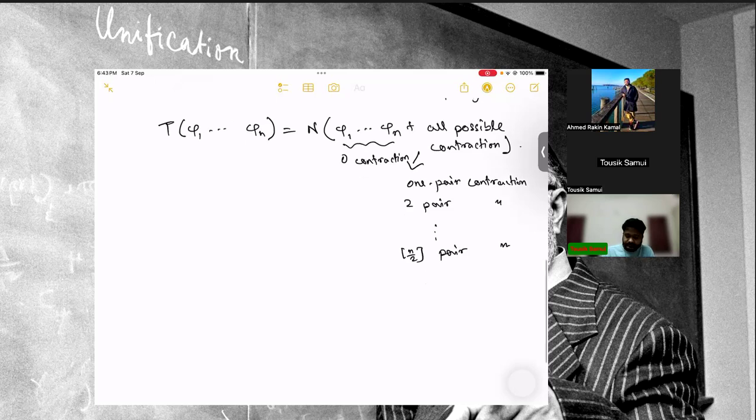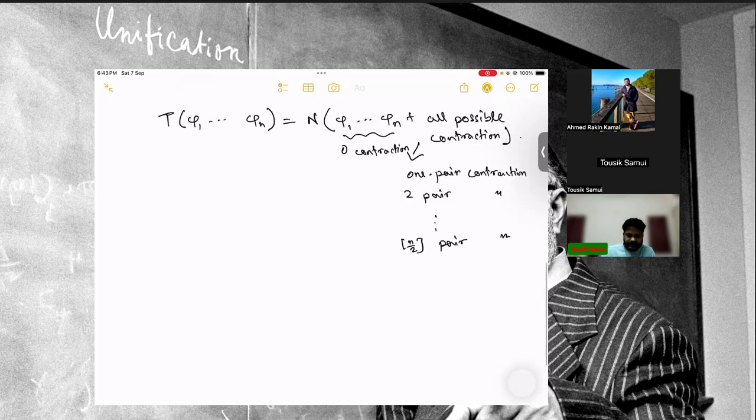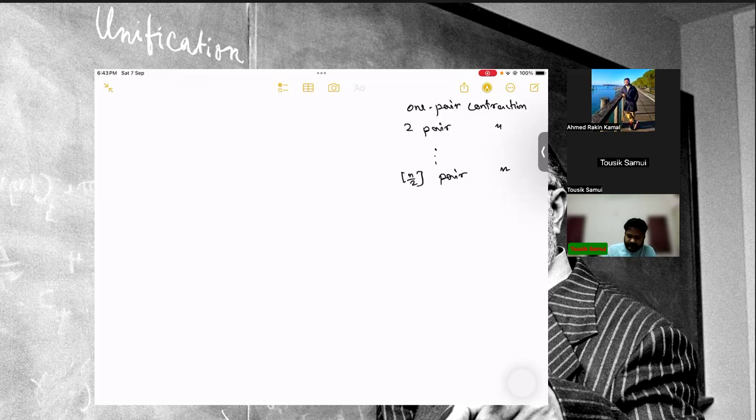Then we said, let us see an example theory, the scalar Yukawa theory, where we tried to see the utility of the things that we defined.